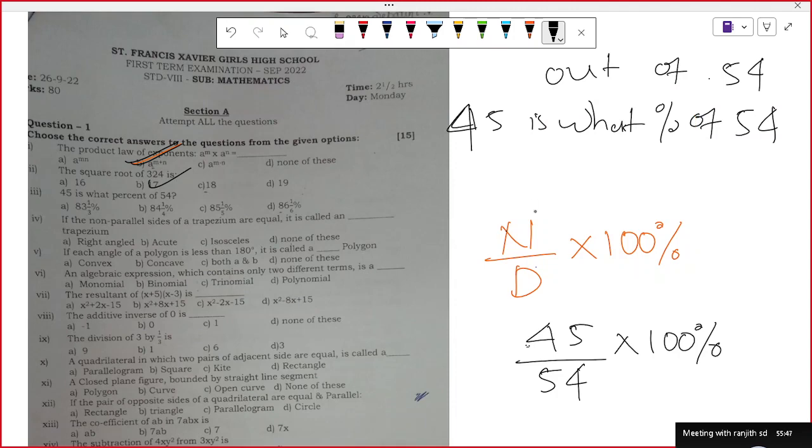This question is a bit calculative. So we get 83 1/3%. All of you are solving it? Adya, Diyeshri, Mariam? Yes, sir. 83 1 by 3. Reduce this: 5 nines are 45, 6 nines are 54. Then 5 into 100 is 500. 500 divided by 6.